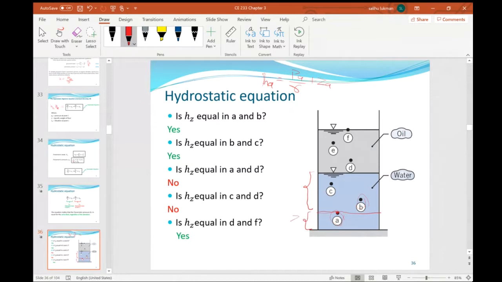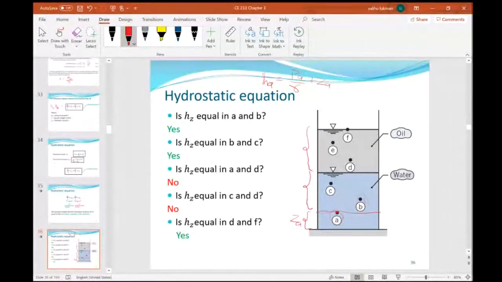Which is ZA. So when it's the same liquid, and of course you have the weight of the oil in here, this will add up to give the total weight of fluid at this point, which will be taken care of by PA over gamma, and this is ZA. When you move to B, this is Z. So you add the total weight of fluid for the oil and the water.